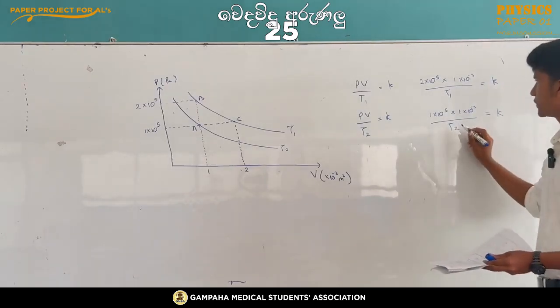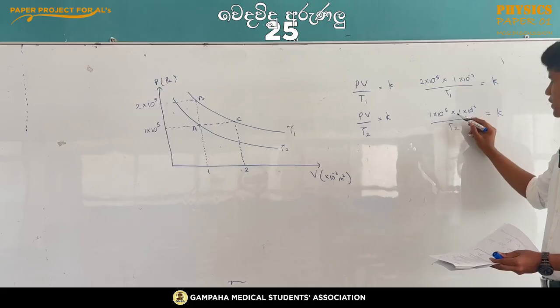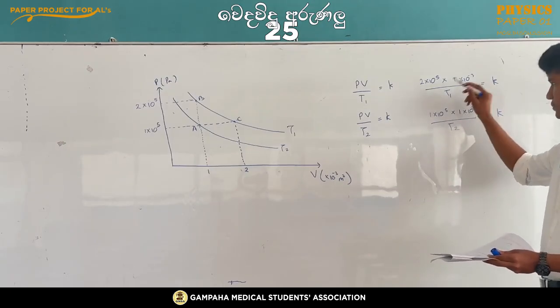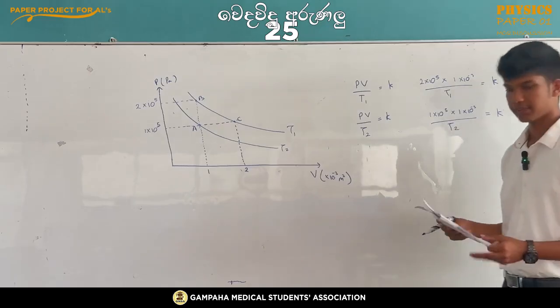So as you can see, in the first expression, the product of PV is twice the product of PV in the second expression. Therefore, the temperature in the first expression should be twice that of the temperature in the second expression. Therefore, the first statement is correct.